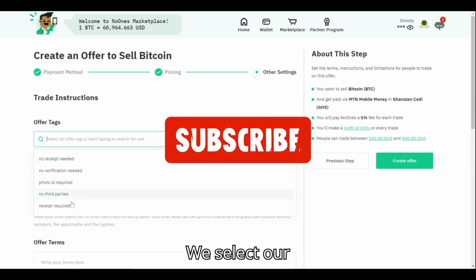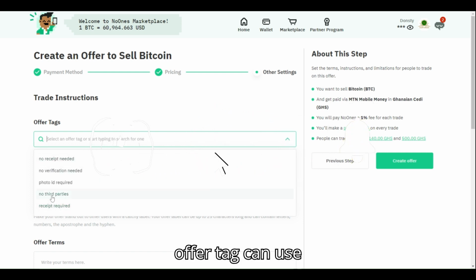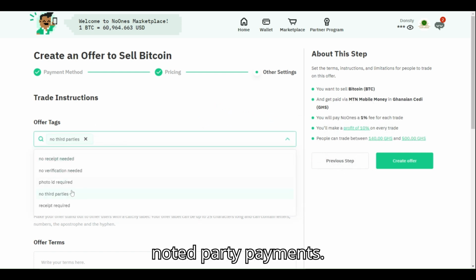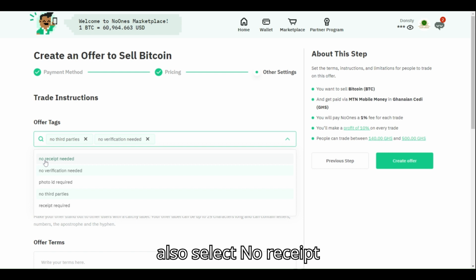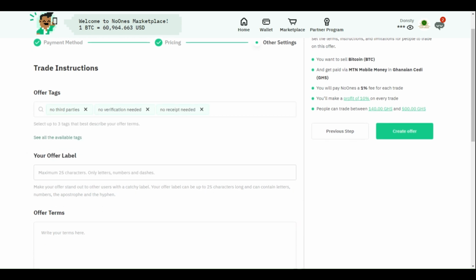We select our offer tag. For the offer tag, we can use no third party payment, no verification needed. Then we also select no receipt needed.